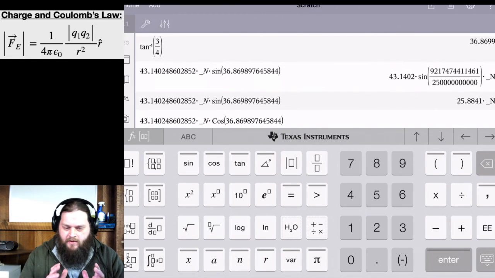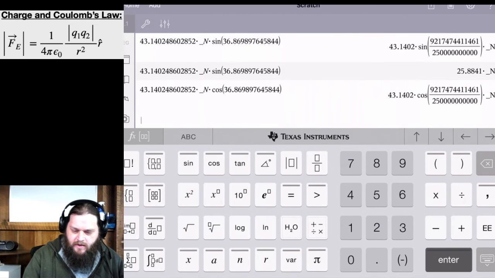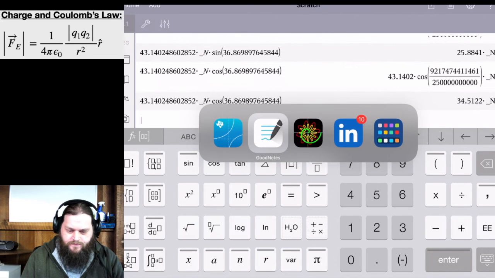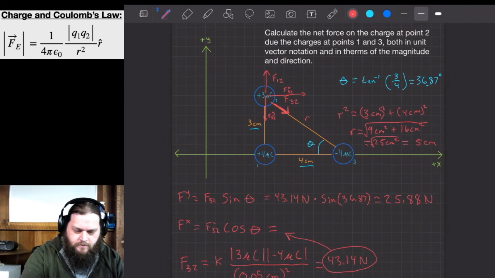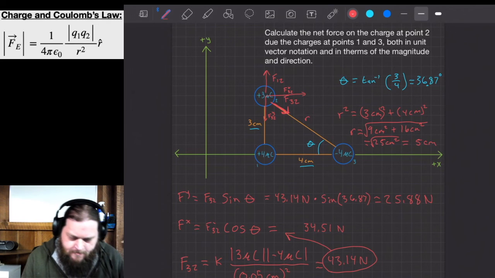So we have the same magnitude, we have the same angle, it's just now we're looking at the adjacent side versus the opposite side. And we get 34.51. So this one's going to be 34.51 newtons.